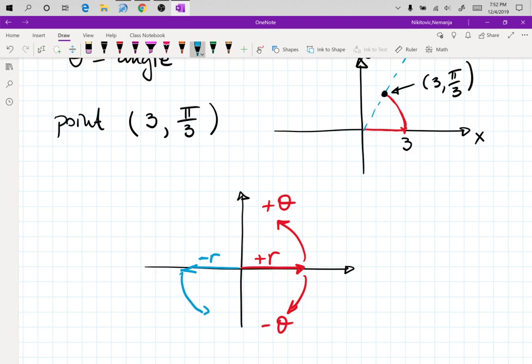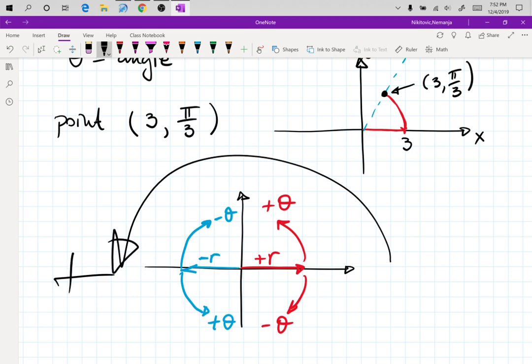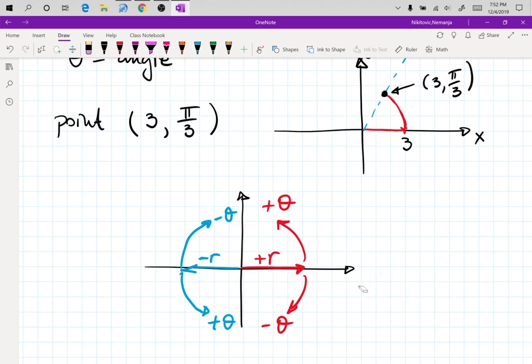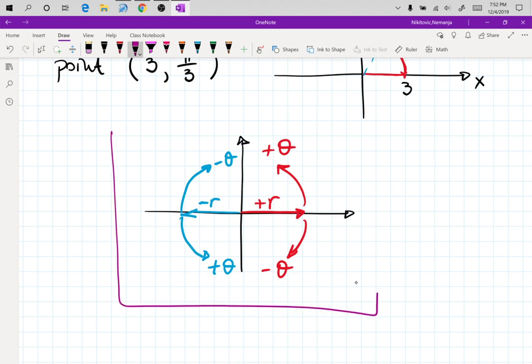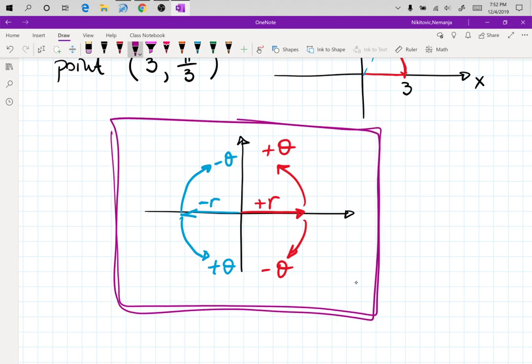Your positive thetas will always go counterclockwise, and your negative thetas are always going clockwise. Hopefully, you still remember from your pre-calculus course that positive angles go that way. Well, look, both of my positive thetas are going counterclockwise, okay? So that's something that is important. So now this is your formula, or whatever you want to call it, on how to graph points in polar coordinates.